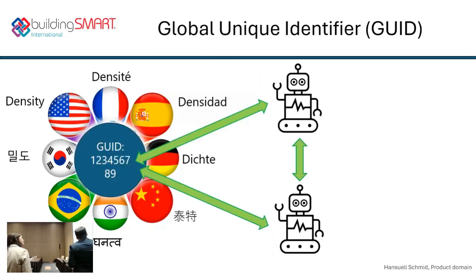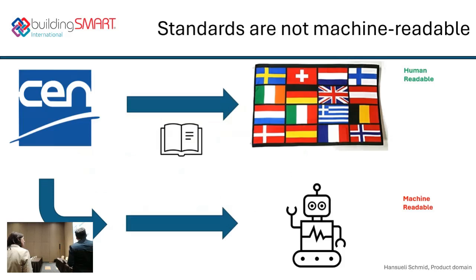With a common unique identifier, we can then exchange it from computer to computer. We have a common ontology which programmers can rely on, and they can create algorithms with those identifiers. No matter where the data is coming from, the algorithm can read it and can deliver results.